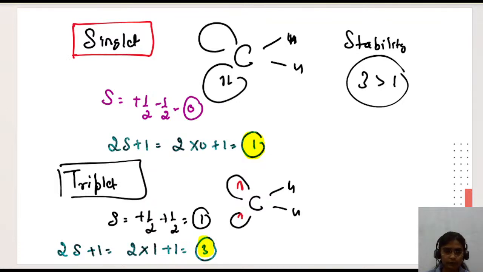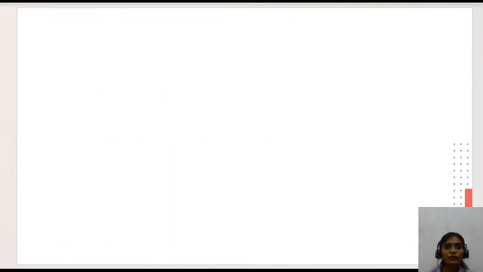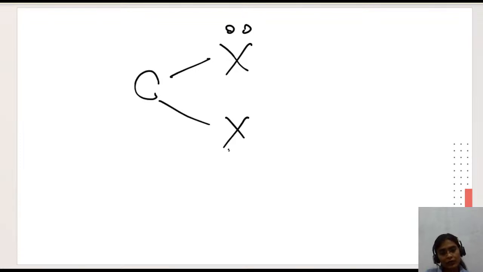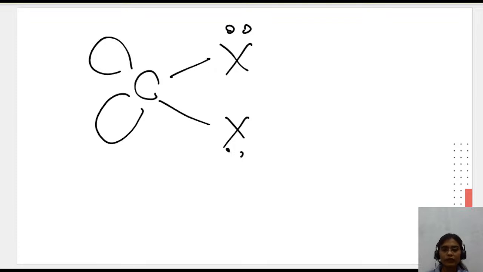Now the most commonly asked question from this topic: if there is a carbon, and it is connected with any species which has a lone pair, let's say the halogen is the favorite one. So look at this, it's a halogen. Now the same question: according to you, which carbon are you going to prefer now, triplet or singlet?